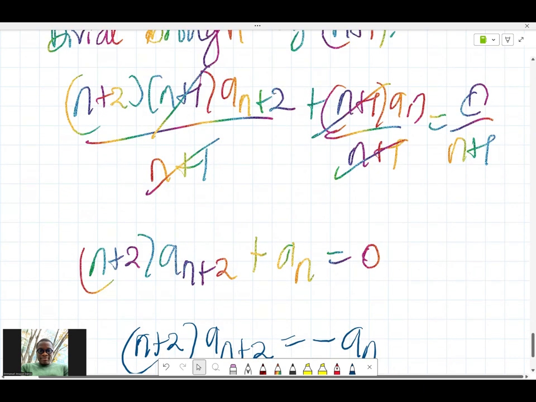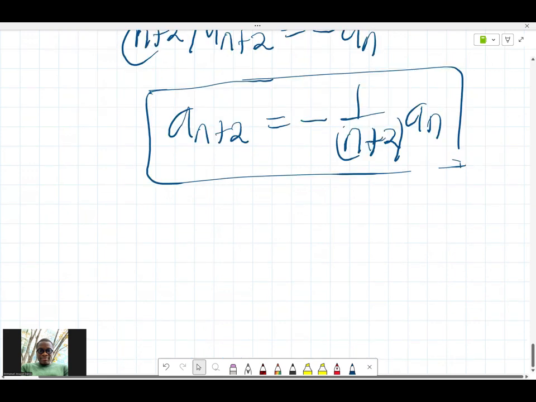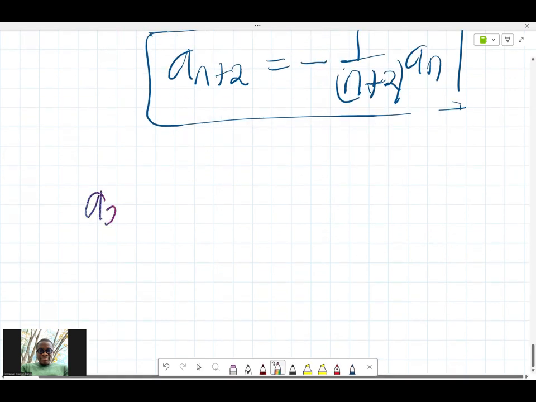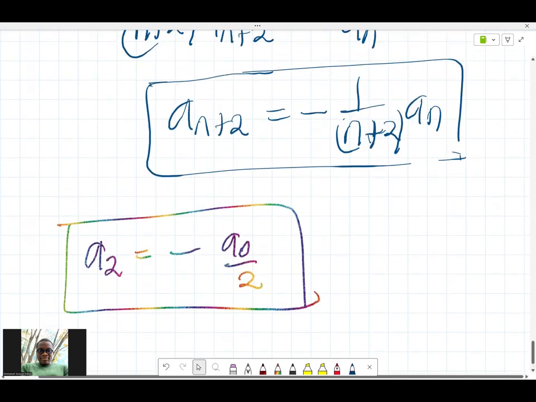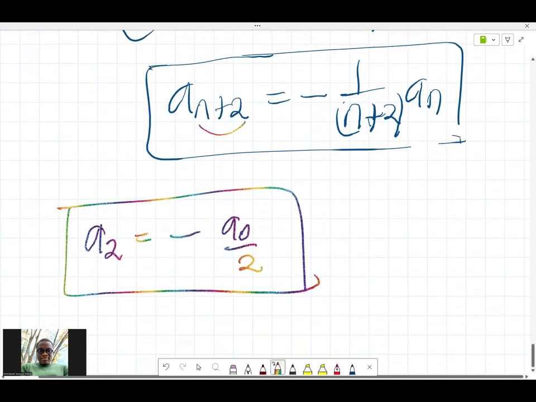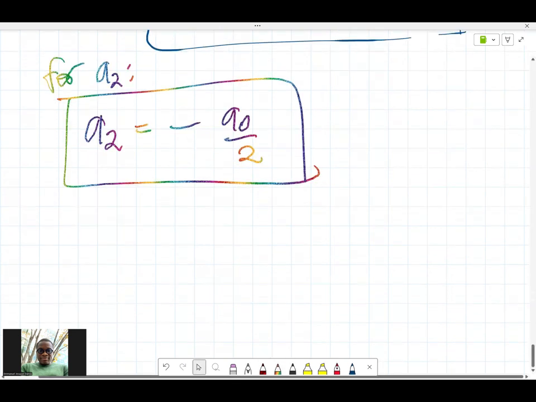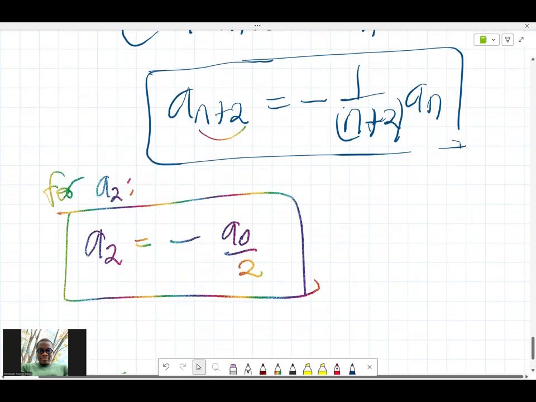If n is equal to 1, we only go to a3. It looks like we can only have 0, 2, 4, and so on. We already know a2 to be minus a naught divided by 2. The next thing we can get is a4, and for that we have to use this relation, jumping from a2 to a4.